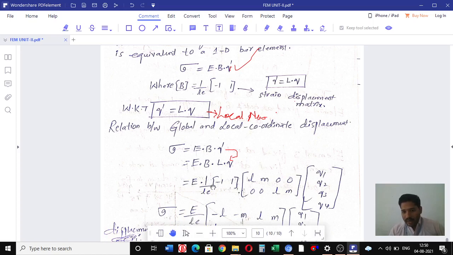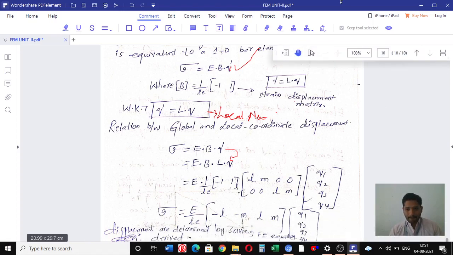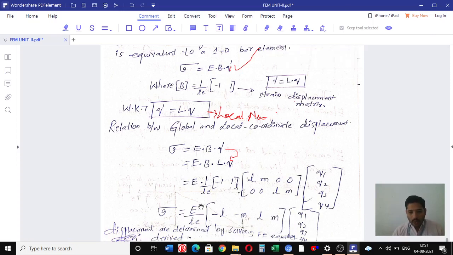You need to multiply this row into this matrix, minus 1 into L, minus L. Let us see, it should be E by LE.